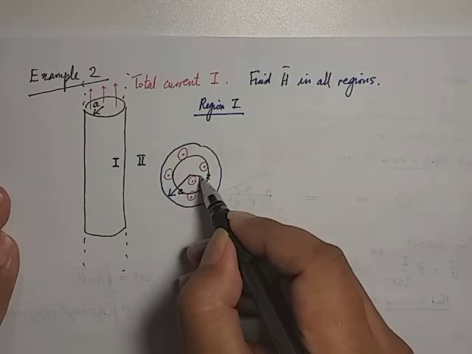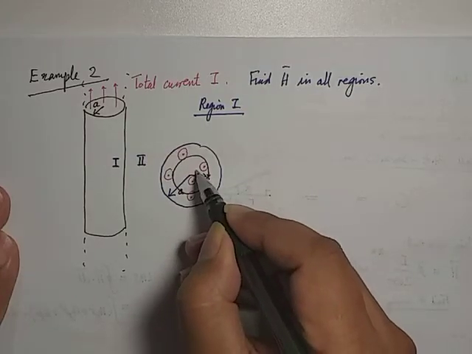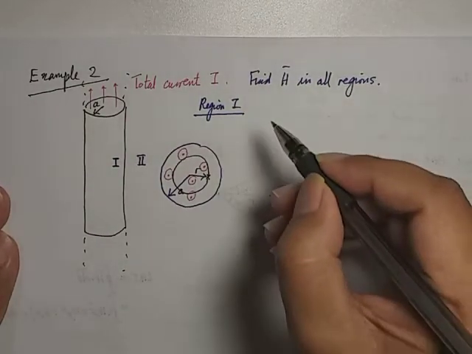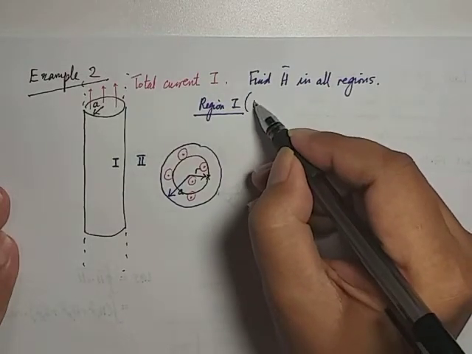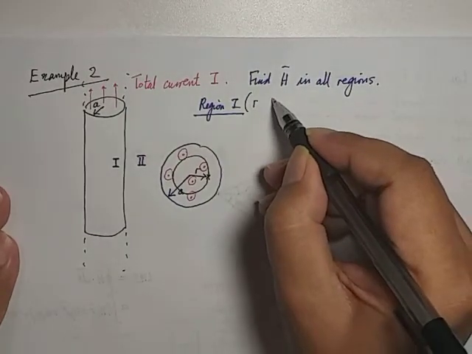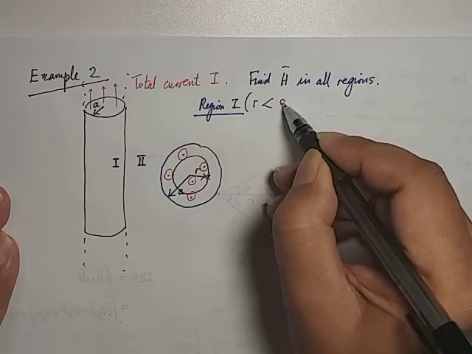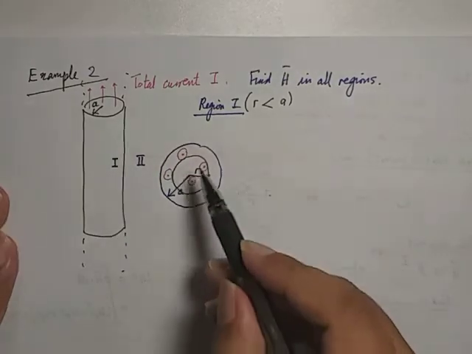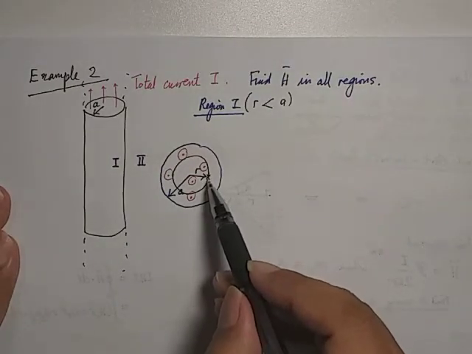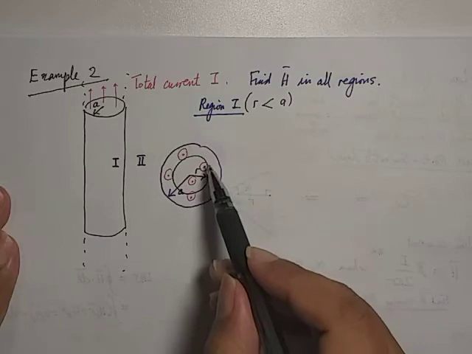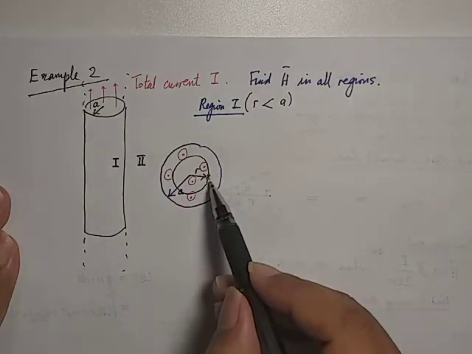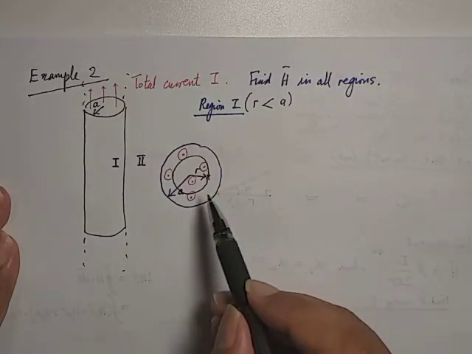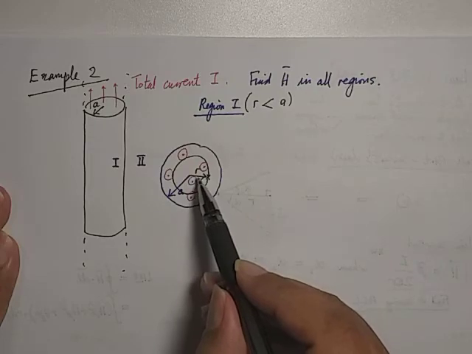Therefore, we define the radius to be R. And remember, for region 1, R should be smaller than A, as you did in Gauss's law. So the steps are: position H, draw the loop passing through that point H, and define the appropriate dimension, in this case the radius R.